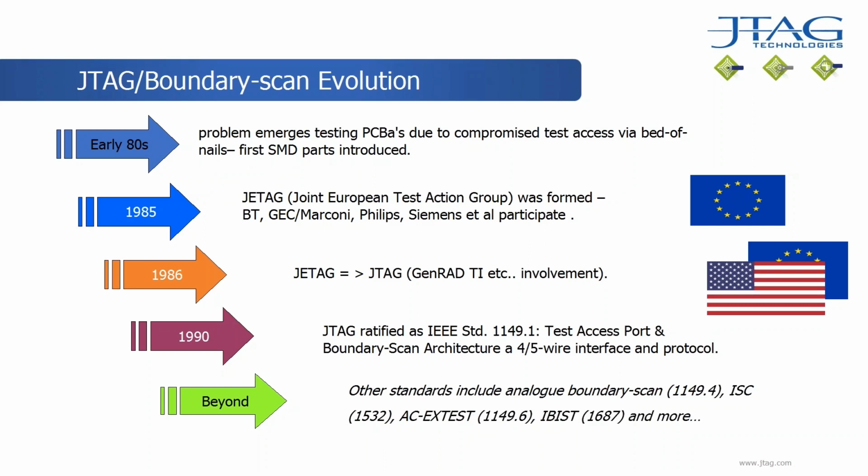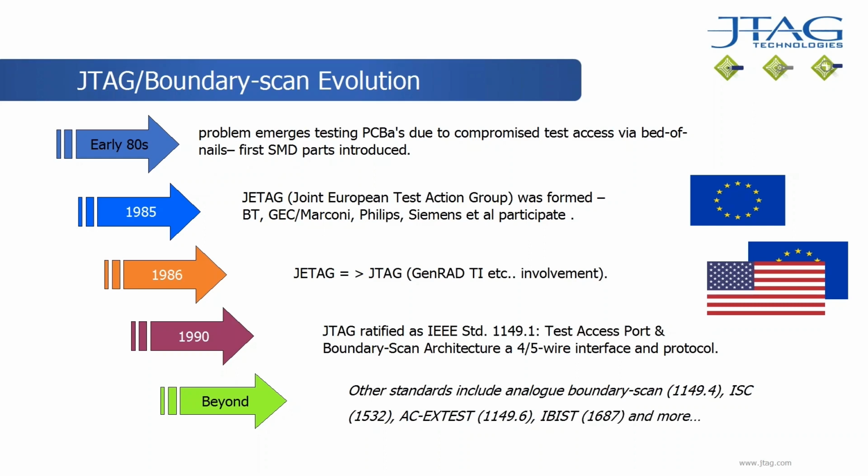That was called the Joint European Test Action Group. But within a year, they dropped the E and it became the Joint Test Action Group, and we had some American involvement. And very quickly, actually, for a standard, they proposed the technology to the American organization, the IEEE Computer Standards Authority, and it was given a standard of IEEE 1149, Test Access Port and Boundary Scan Architecture, but the name stuck.